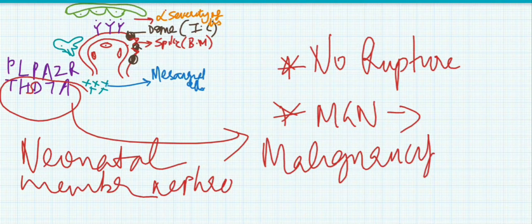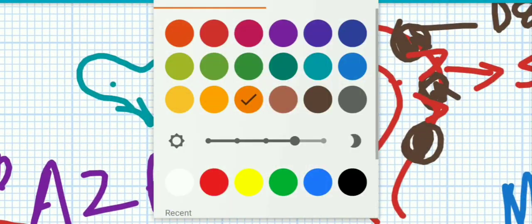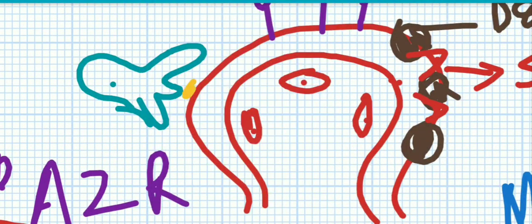In membranous glomerulonephropathy, the deposits you see are subepithelial deposits. Here we have the visceral epithelial cells, and the deposits will be just below that, so those are subepithelial deposits.